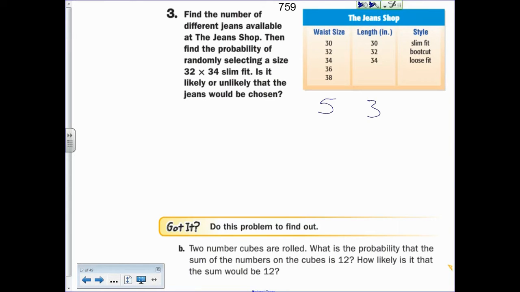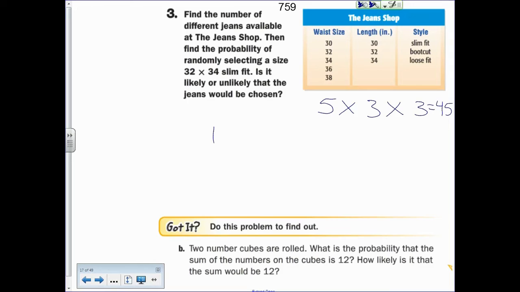But then there are 3 styles. There's the slim fit, the boot cut, and the loose fit. So there are another 3 choices. In order to figure out how many total different styles and waist sizes and length sizes we could get our jeans in, we would multiply those together using the fundamental counting principle, the FCP, and we find 5 times 3 is 15, times 3 is 45. So there would be 45 different sizes and styles of jeans that we could choose from.